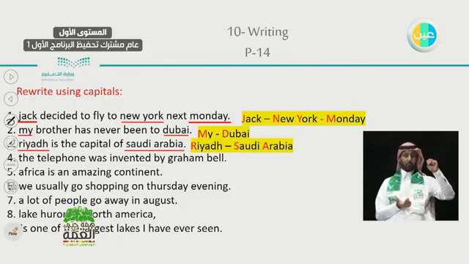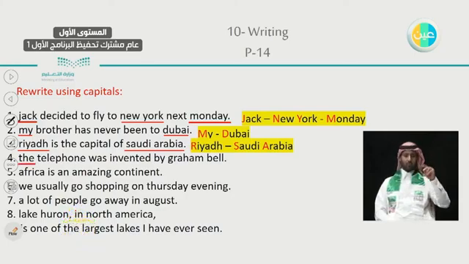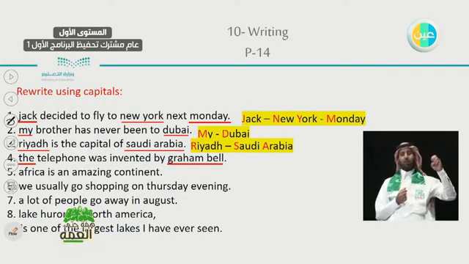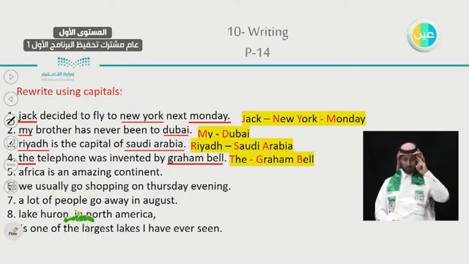So Riyadh, S, Saudi Arabia, A for Arabia, capital letters. Next, 4. The telephone was invented by Graham Bell. The first letter in the sentence, and Graham Bell because it is a name. So, the and Graham Bell.